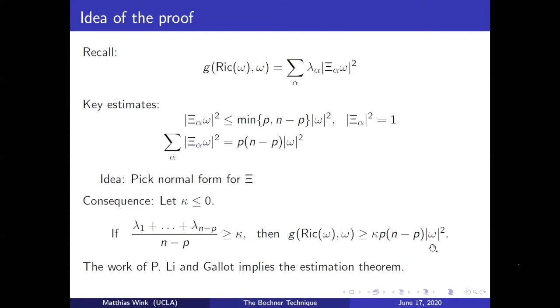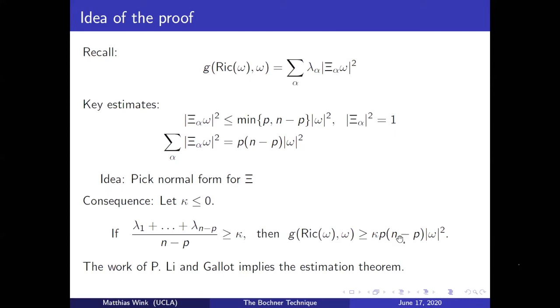Once we've got this lower bound on the curvature, a constant times norm omega squared, we can run the theory developed by Gallot, which relies on work of Peter Li, to get the estimate by general techniques for the Bochner theorem.